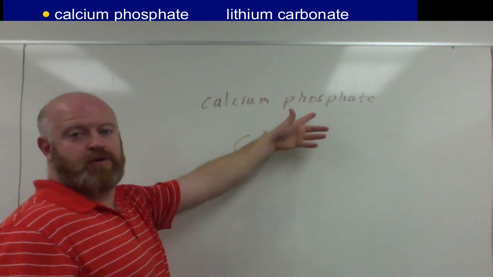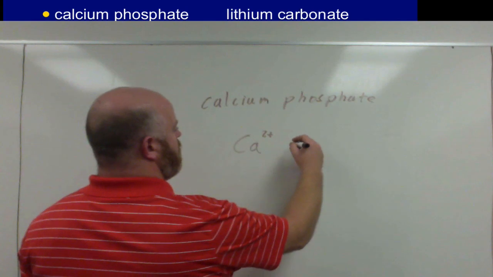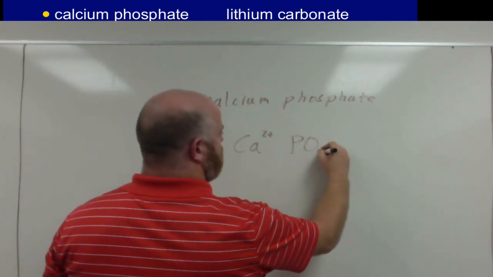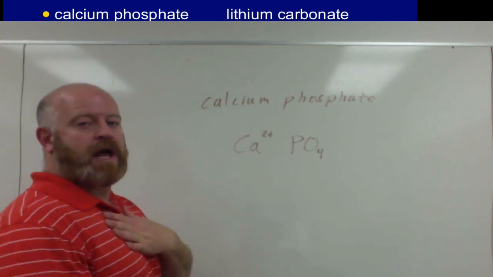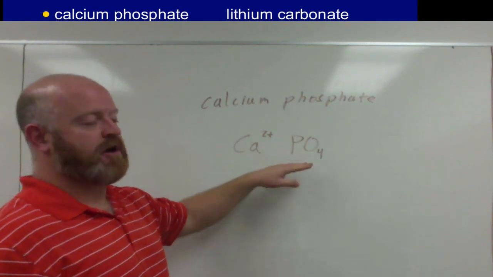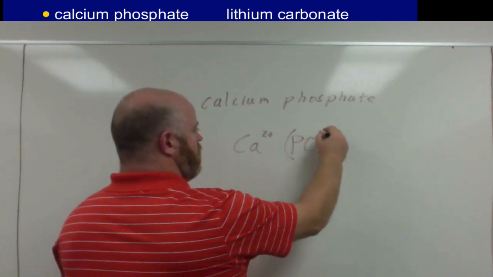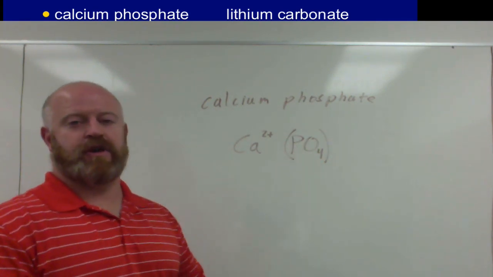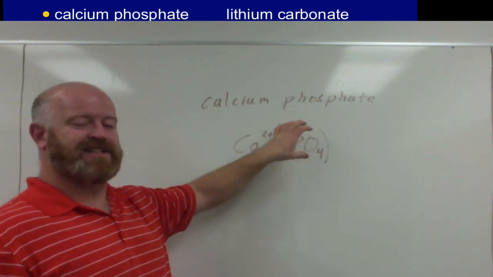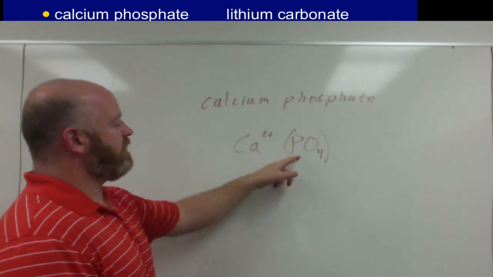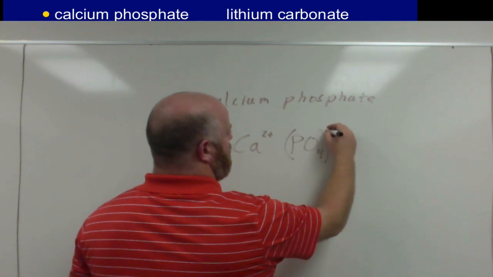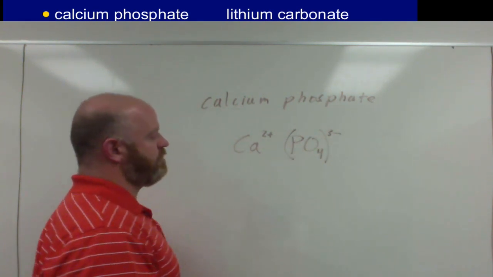Phosphate we either have memorized or we look up, and we know that phosphate is PO4. What I would suggest doing is whenever you write a polyatomic ion, bracket it in parentheses right away. That way you remember to treat this as a single item. Phosphate, as PO4, has a 3- charge.